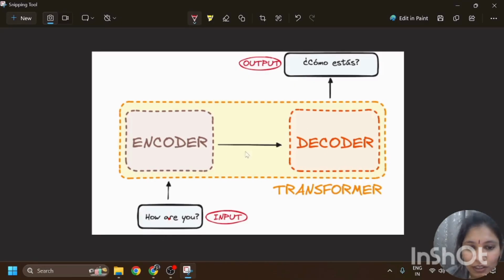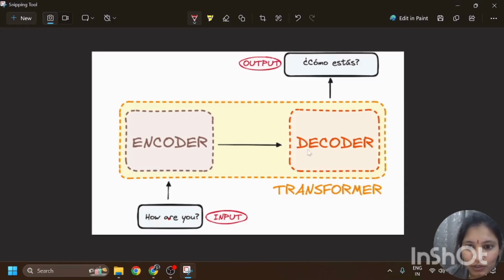After this, the encoder passes its output to the decoder. So the output of the encoder becomes the input to the decoder. The decoder generates the output text, "cómo estás". "How are you" is translated into Spanish as "cómo estás".